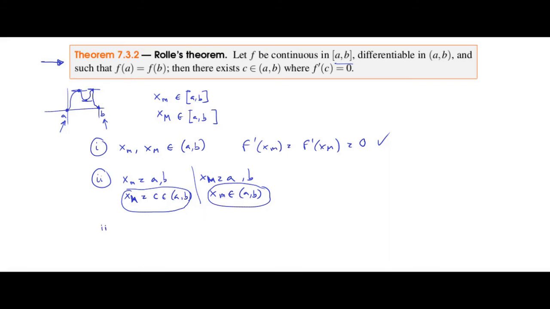The third possibility is that the maximum is at b, for instance, and the minimum is at a, or the other way around: the minimum is at b and the maximum is at a.